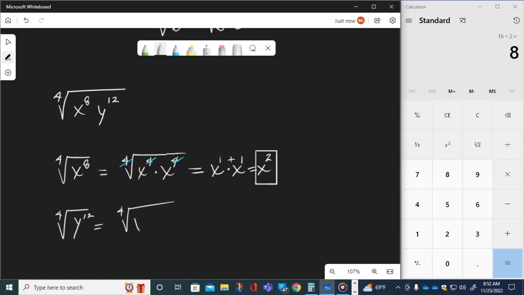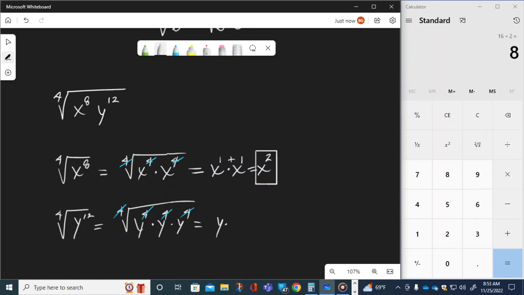So we are going to get y to the power of 4 times y to the 3 times, right? Because 12 divided by 4 is 3, like so. Again, everything that has a 4 for a power is going to go out of jail.